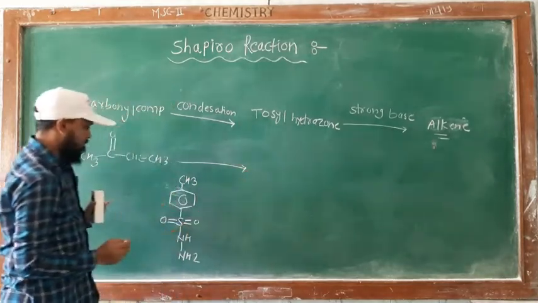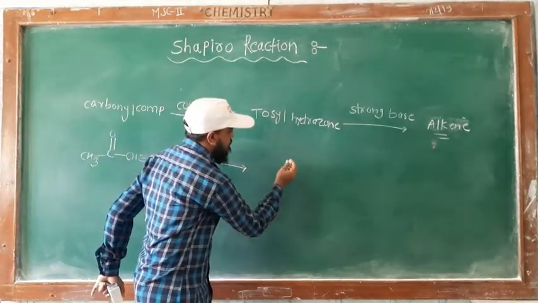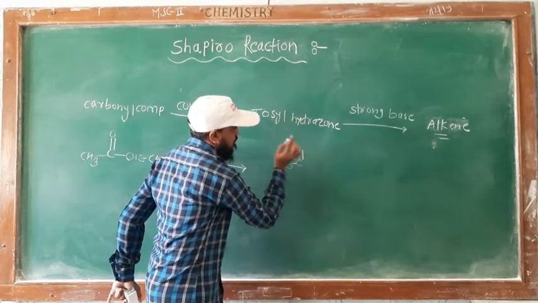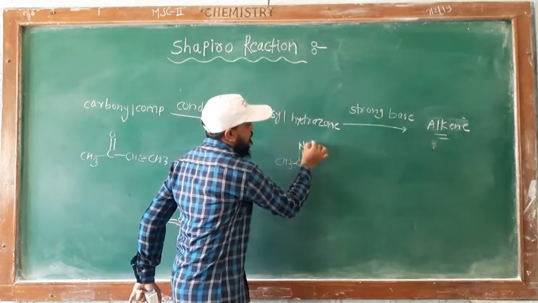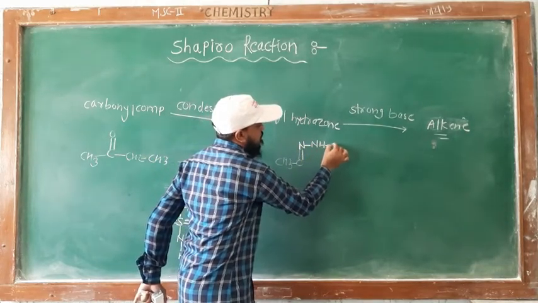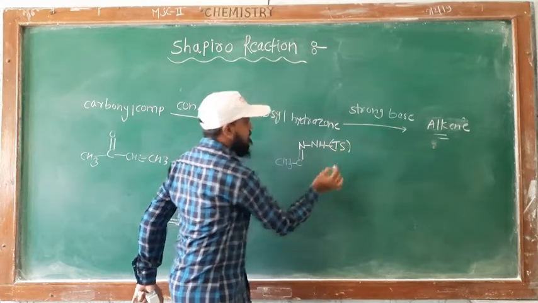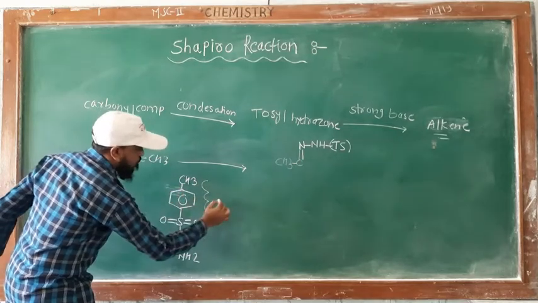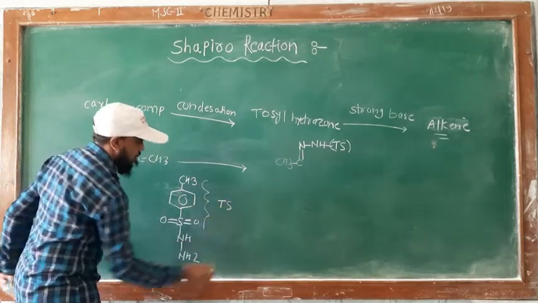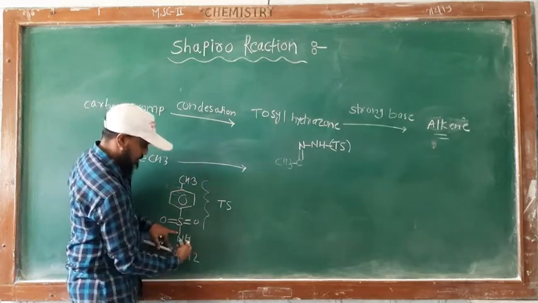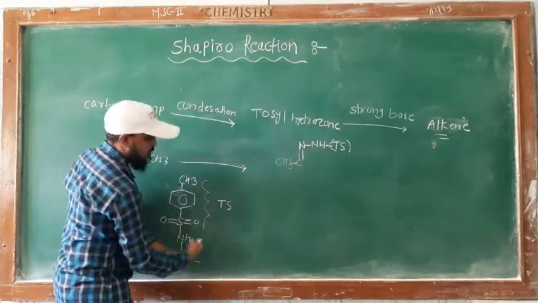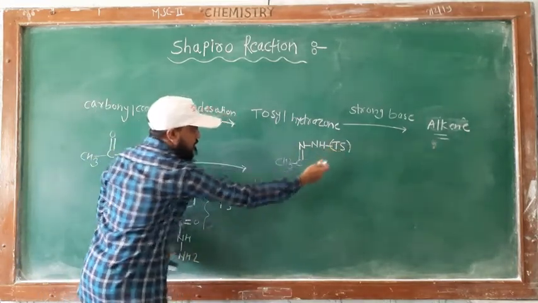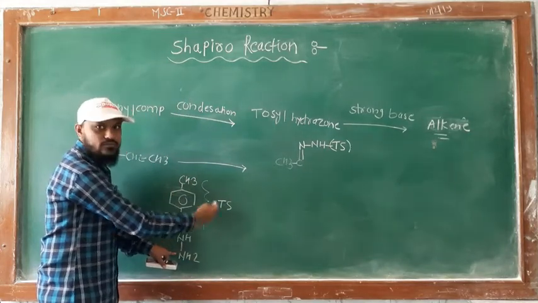So look here: CH3 C double bond N NH Ts. Here Ts stands for the tosyl group, and this is NH. This Ts stands for this whole group, the tosyl group.